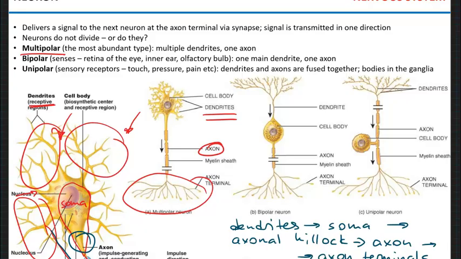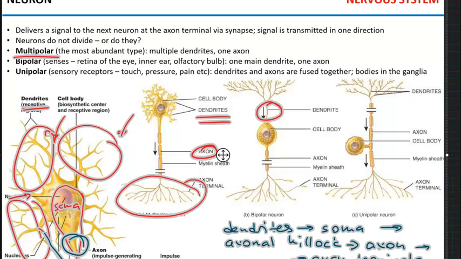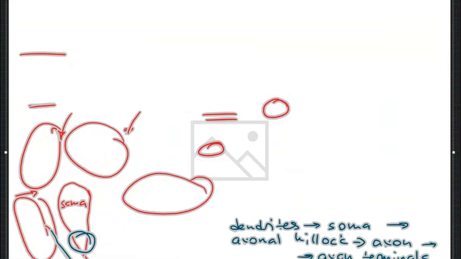Neurons do not have more than one axon. There's only one axon; there can be many terminals. This is a bipolar neuron. You have a single dendrite that leads to the body, a single axon, and multiple terminals as well.